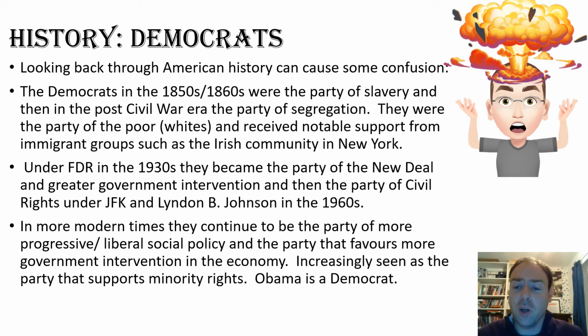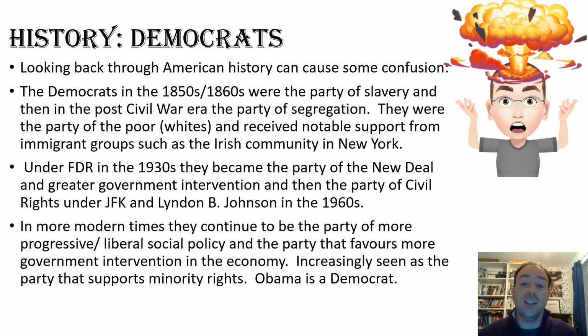The history of the Democrats is really interesting, but looking back through American history when it comes to political parties can cause a degree of confusion. The Democratic Party has been around for a very, very long time. They were back in the second party system when they competed against the Whigs, and then we saw the Whigs collapse and the emergence of the Republicans, who they've been competing with since the 1850s.